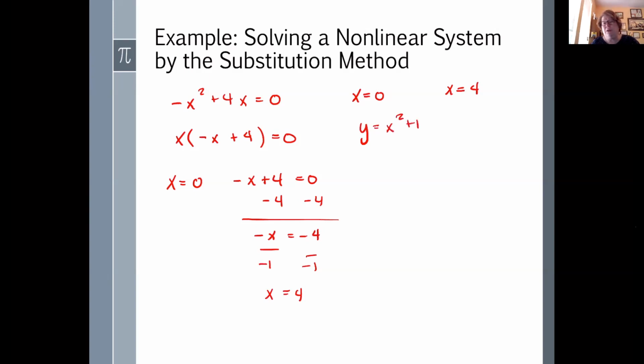So I can substitute the 2 values of x into this equation and find the y coordinate. All right, so the first one, when x is 0, I get y is 1. So that is the first ordered pair that's a solution to the system, (0, 1). Now I'm going to substitute 4 into that equation.